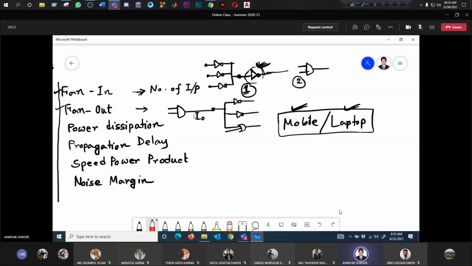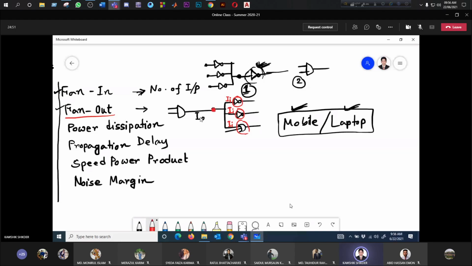And this one, II, means the input current of this inverter. This is another input current of this inverter, and this one another input of this inverter. Got it? So all these are known as unit loads. So how many unit loads can be connected to the output of a single gate? That is known as fan out.